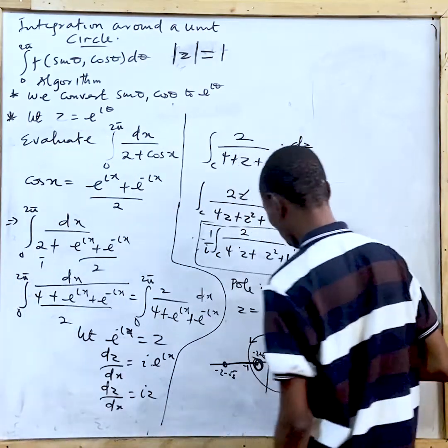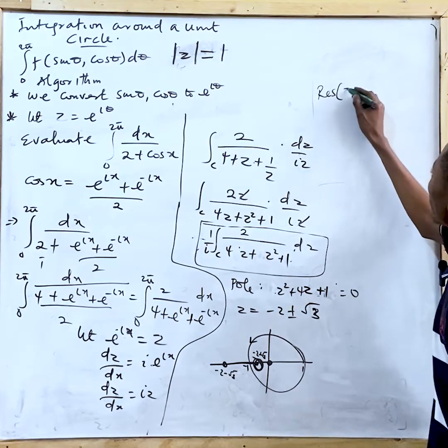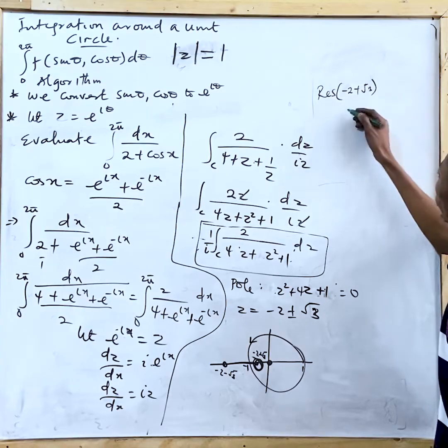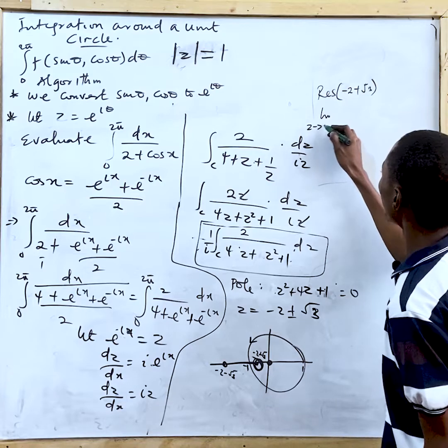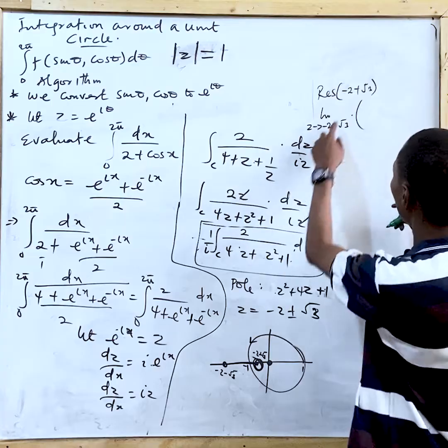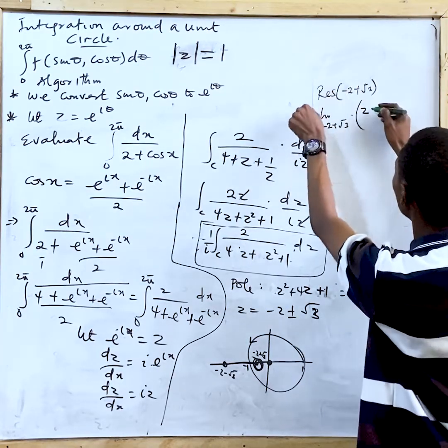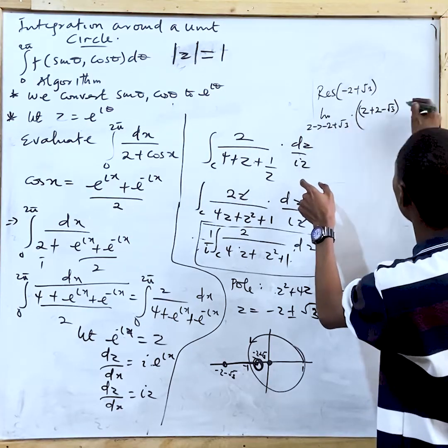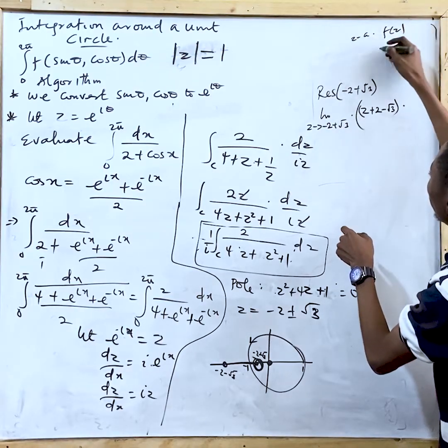So the residue at z equals minus 2 plus root 3 will be the limit as z approaches minus 2 plus root 3 of z minus this, that will be z plus 2 minus root 3, times f of z, because the residue is the limit of z minus a times f of z.